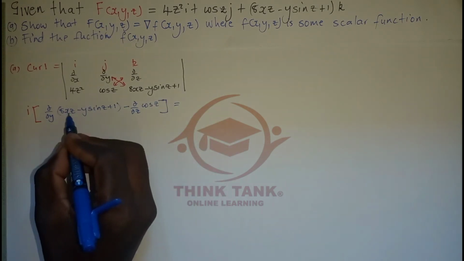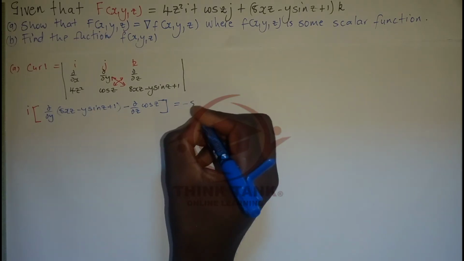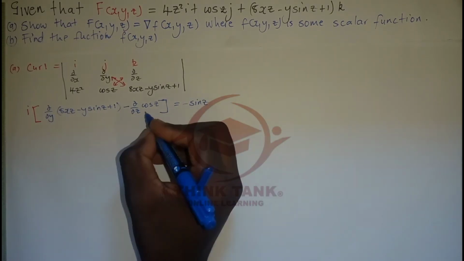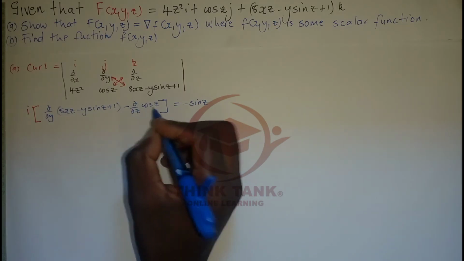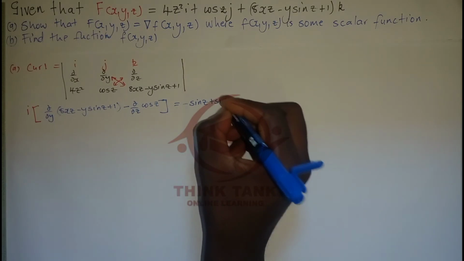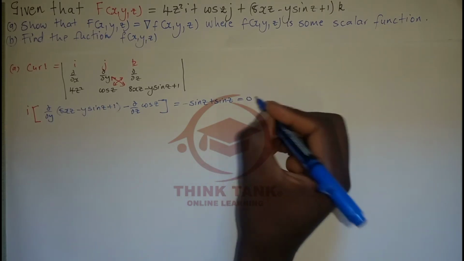With respect to y, the 8xz term becomes 0 and sin z is a constant, so we are left with −sin z. Differentiating cos z gives −sin z, and subtracting it gives plus sin z. Negative and positive cancel, so the answer is 0.